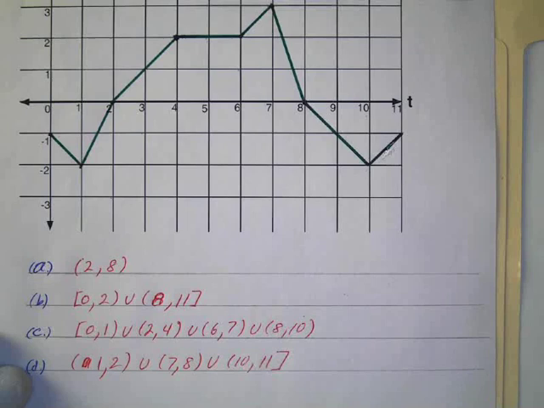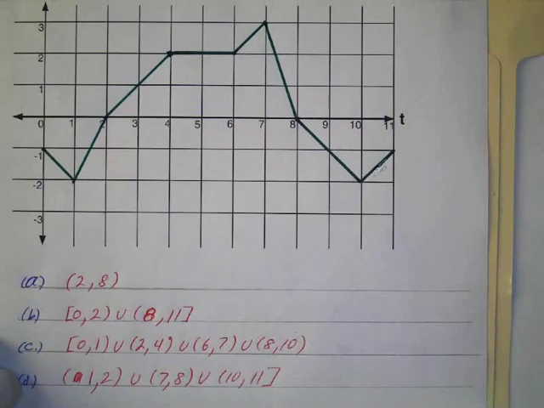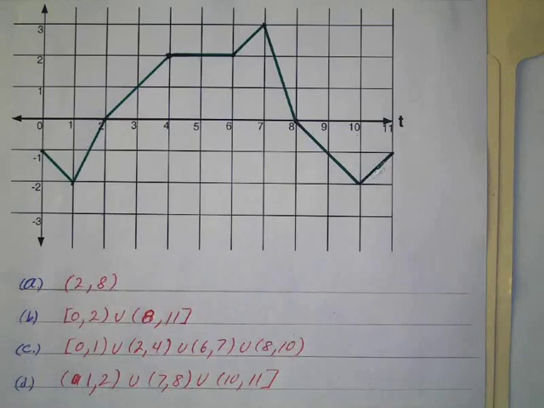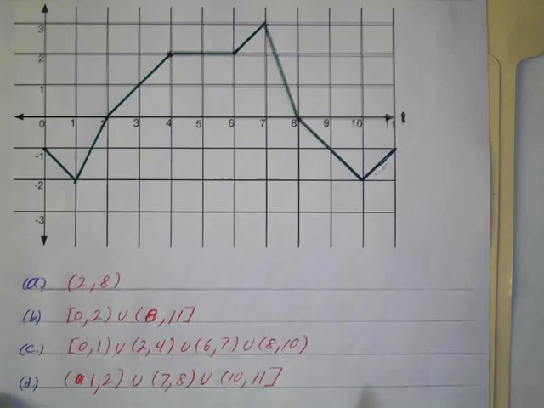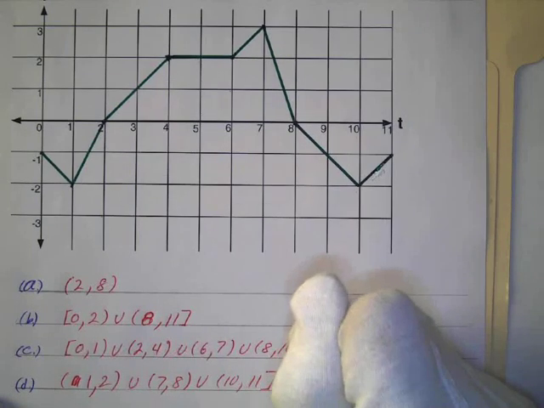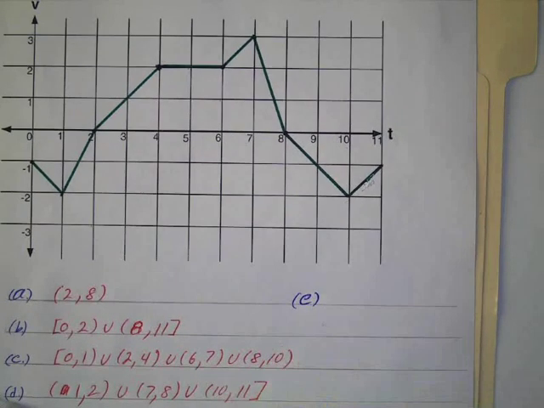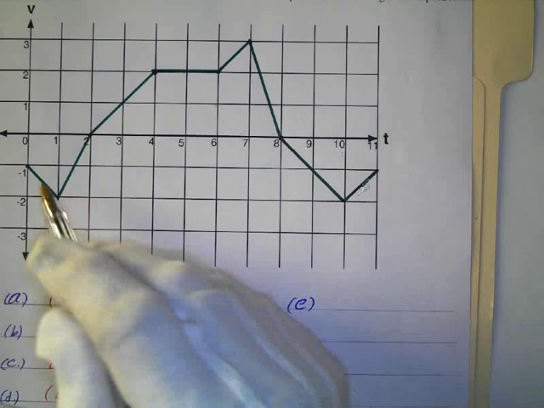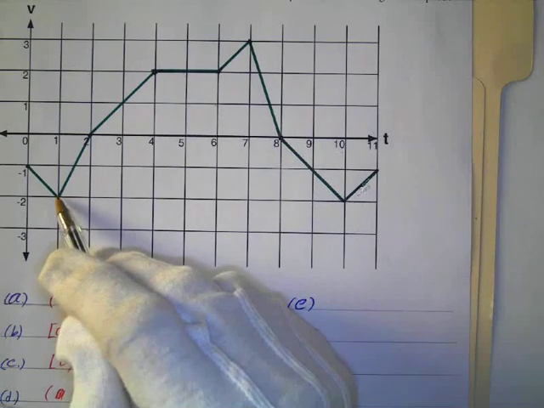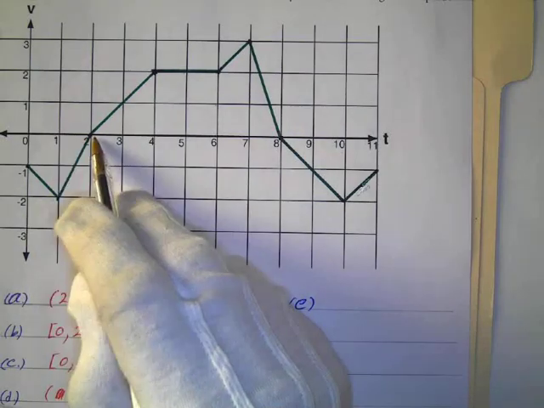All right. When is the particle's acceleration positive? This would be letter E. So it is positive from 1 until 2.